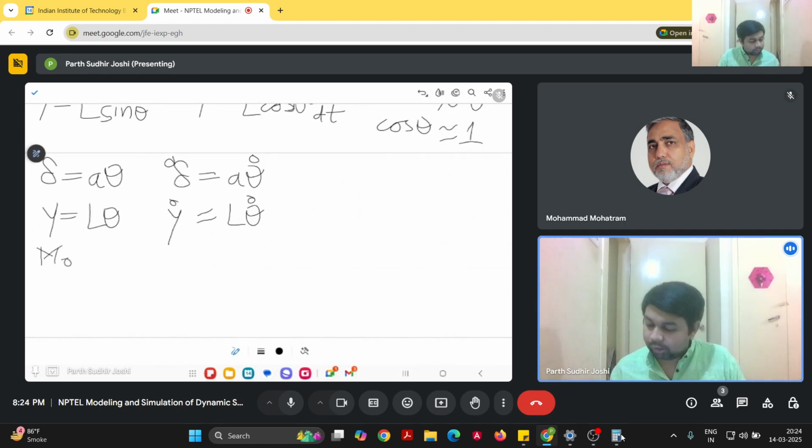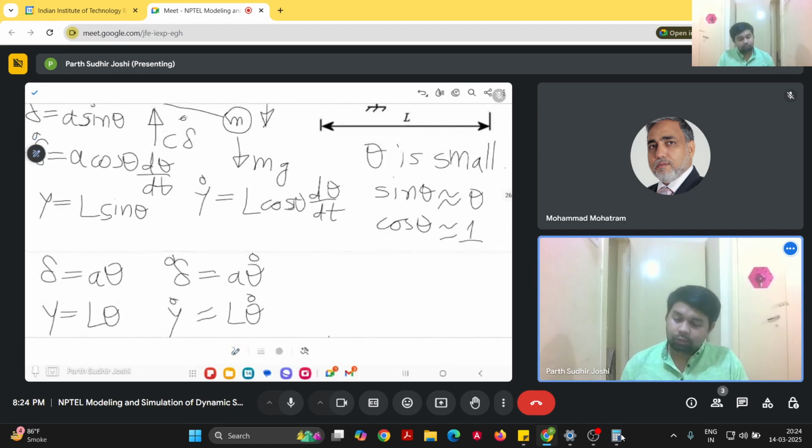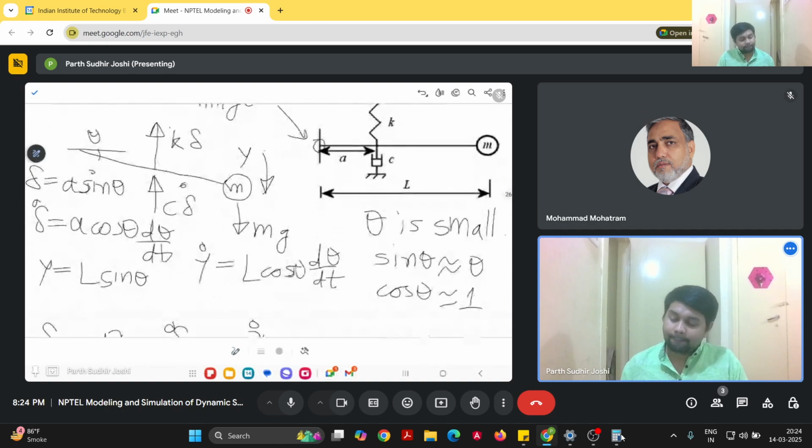So we take the moment about the pivot or hinge basically. The weight is not a dynamic force, so we will not consider it in our moment equation, because that will just cause a static deflection in the spring.